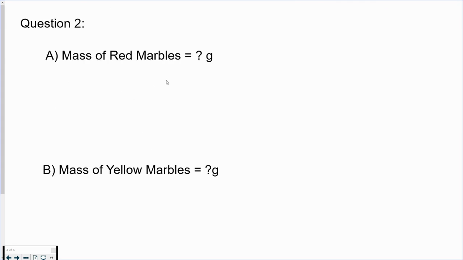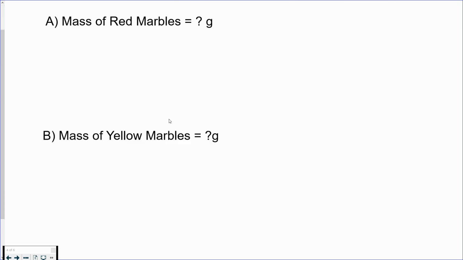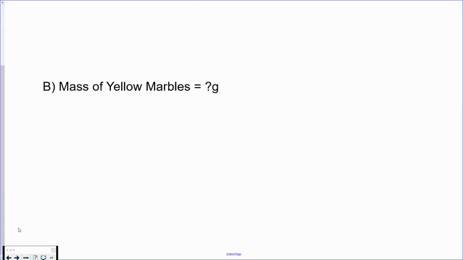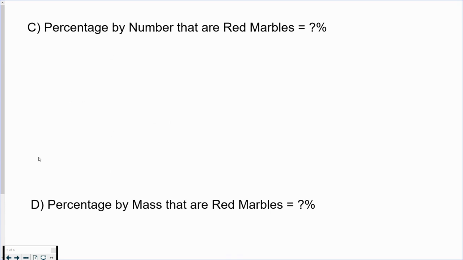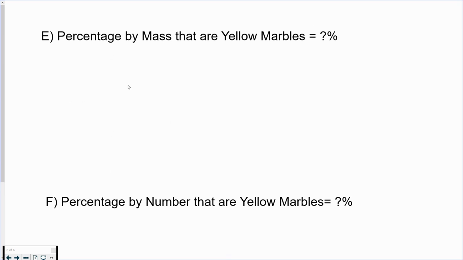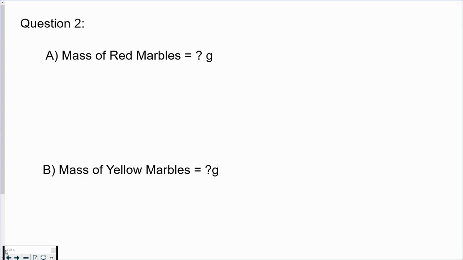Now, we do have the mass of red marbles, mass of yellow marbles, and then we're going to be doing the percentage by number of red marbles and the percentage by mass of yellow marbles. We're also going to do the percentages according to the numbers that they have.